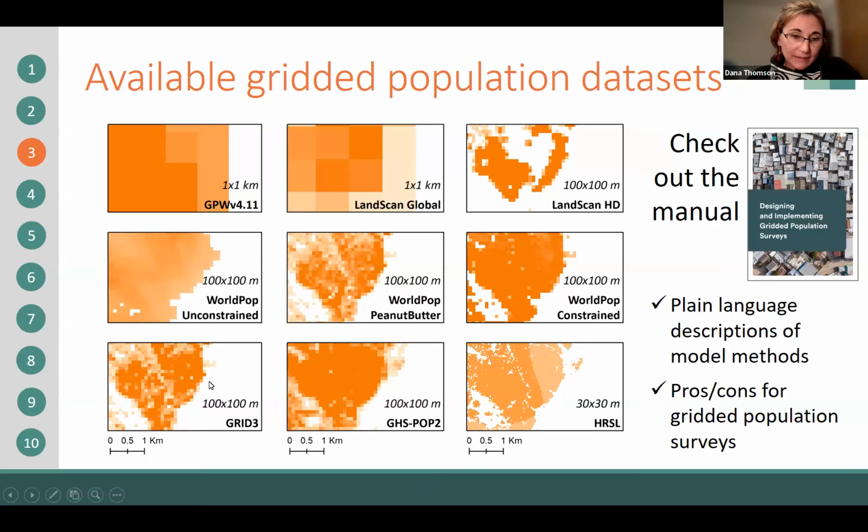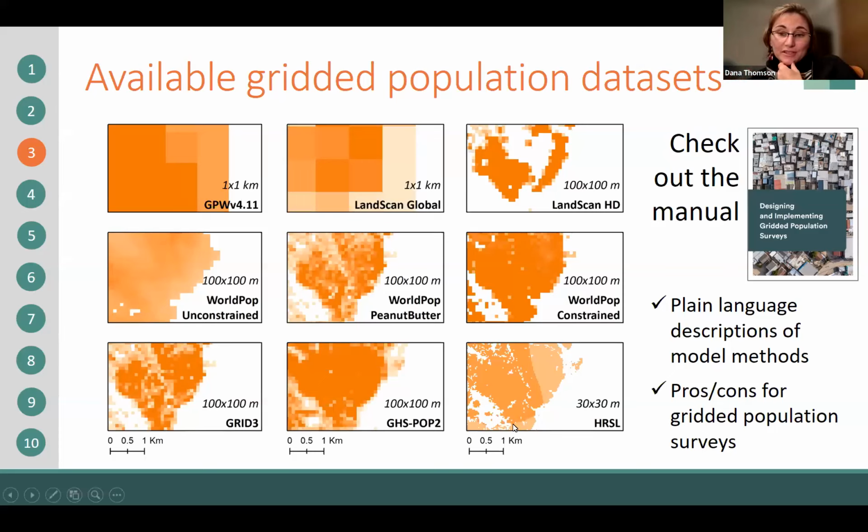Whereas something like GRID3, this is a bottom-up estimate, but it's giving a different population estimate to every single cell. And something to note: just because it's bottom-up and not based on the last census doesn't make it more accurate. And just because it's what we call lightly modeled with a very simplistic algorithm doesn't mean that it's less accurate than a highly modeled geospatial data set.